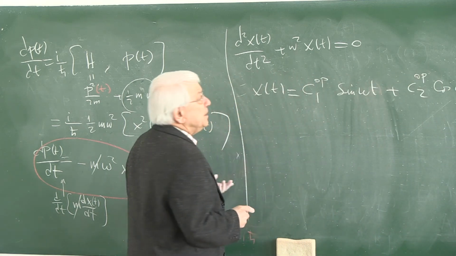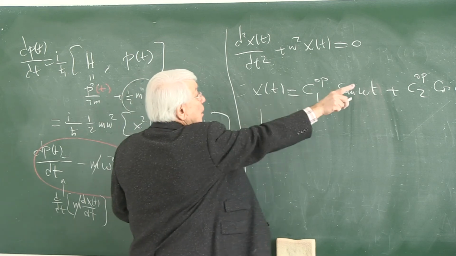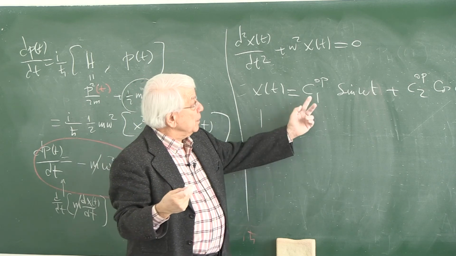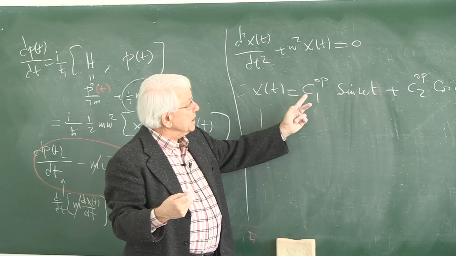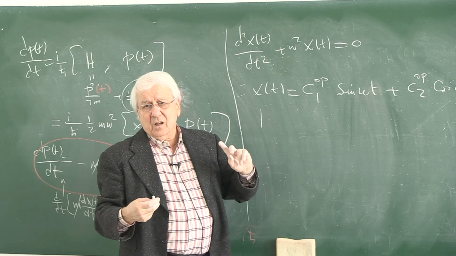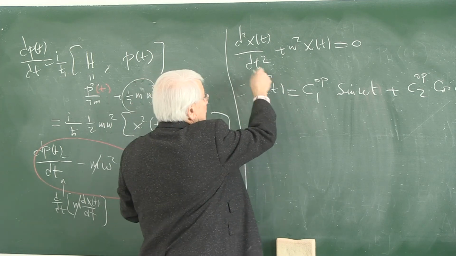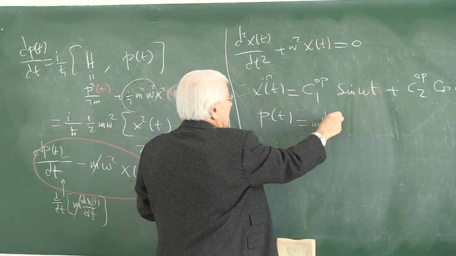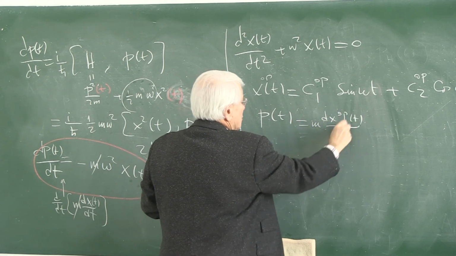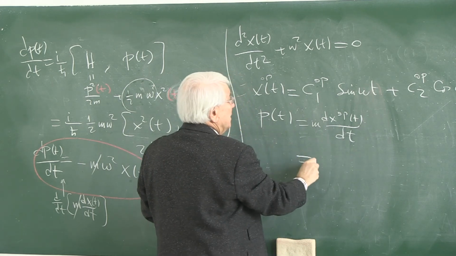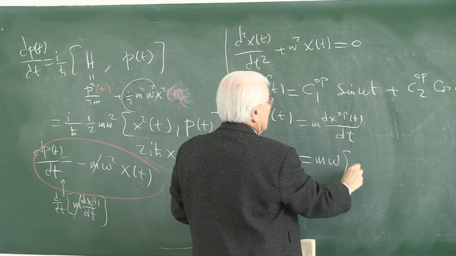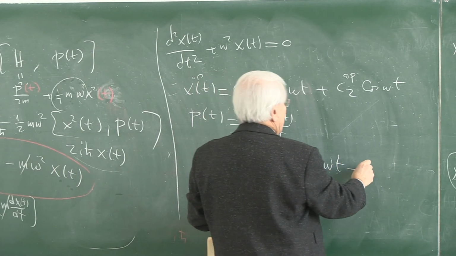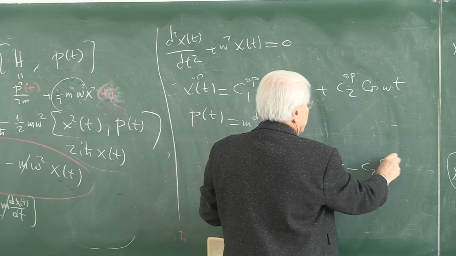So how do I get the p out of this? All operators, so that's the reason not to have any wrong opinion about it. I put the operator labels, particularly on these constants. This is, of course, an operator as well, but what is the p? It is m times dx/dt. So let me take the derivative in here: m omega times C1 cosine omega t minus C2 sine omega t, right?